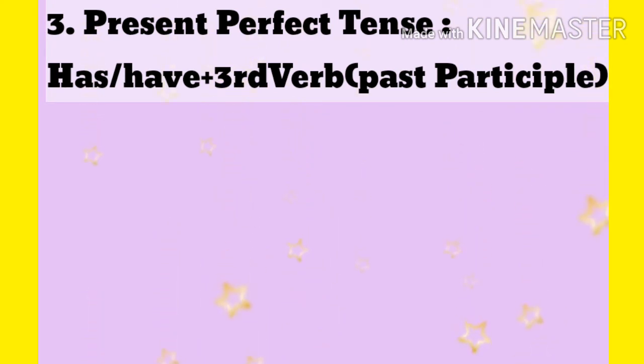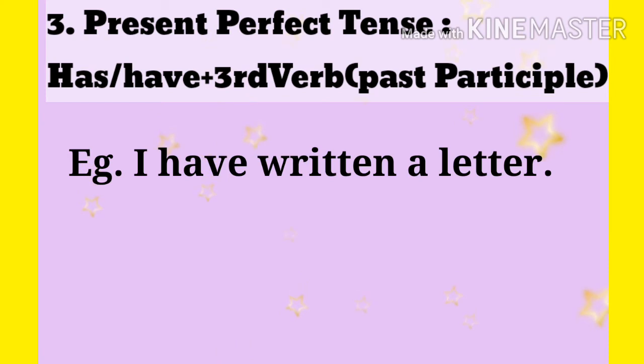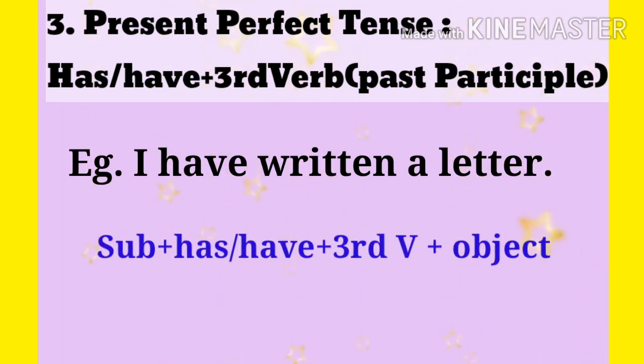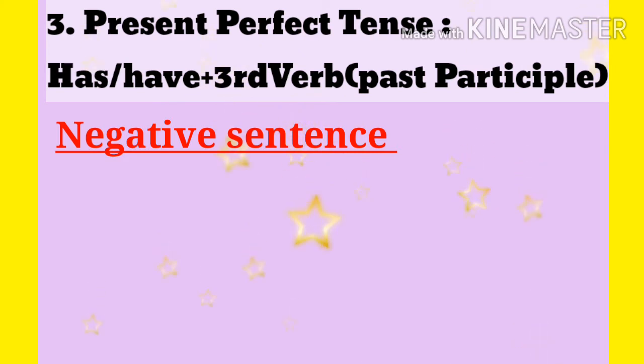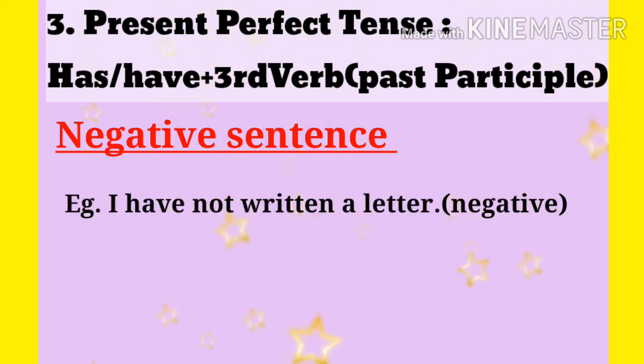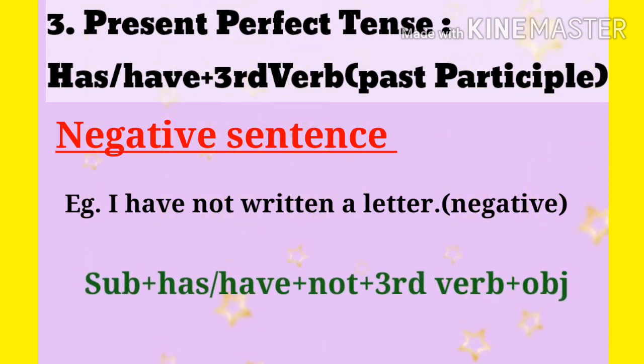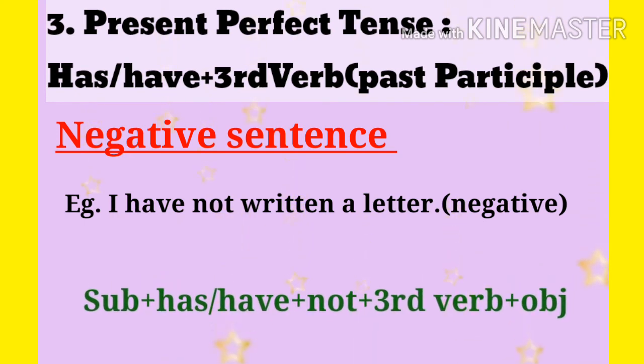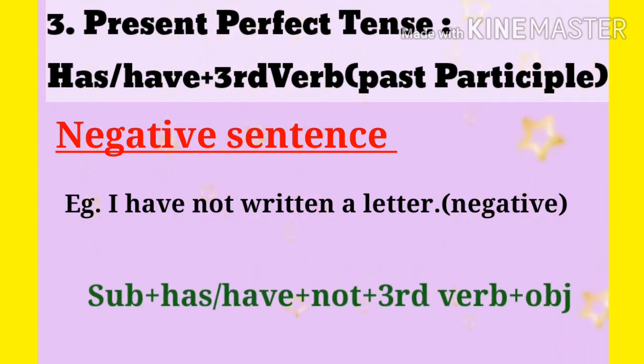Next form is present perfect tense. That means action is completed. See the example. I have written a letter, and the structure of the sentence is subject, has or have, plus past participle of the verb, that means third verb, and object. As a negative sentence, example, I have not written a letter, and the structure is subject plus have not, third verb, written, and object.